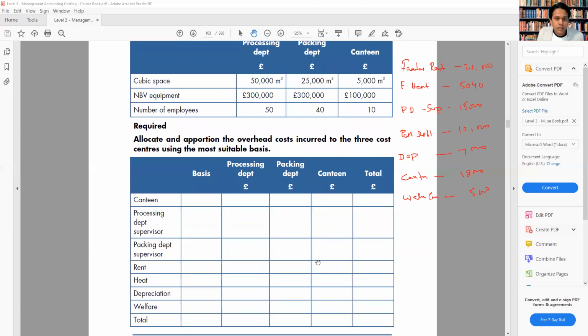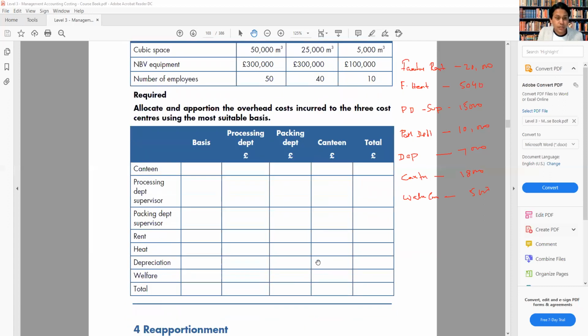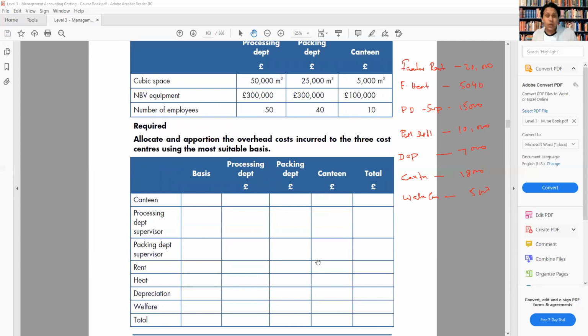We have the first thing. We need to see which one we can allocate and which one we need to apportion. Allocate means I can directly allocate, and apportion means I cannot allocate to one department, so I have to apportion to different departments. So the canteen, we have a clear cost for the canteen, isn't it? How much cost do we have for the canteen?